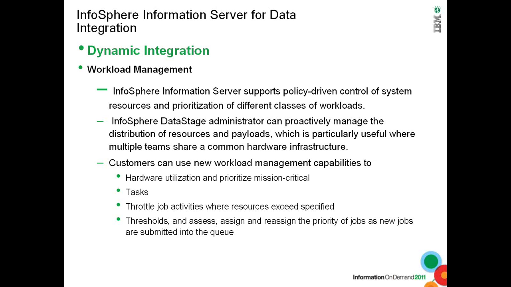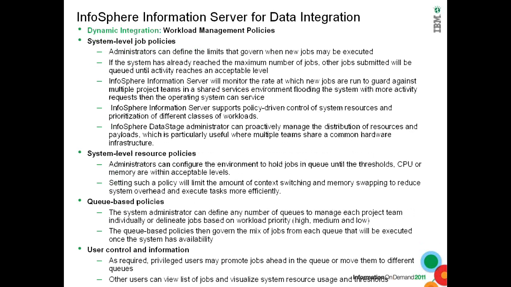The various policies available are system level job policies, resource policies, queue-based policies, and user control information. With system level policies, you can control the number of jobs that can be submitted to the queue, and the maximum number the queue can accept.